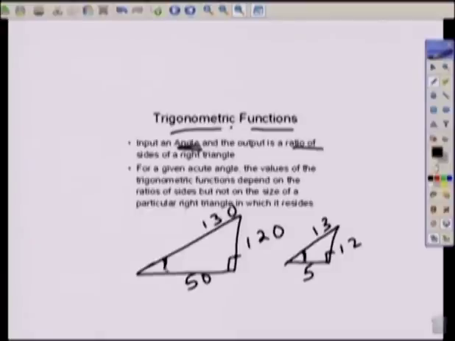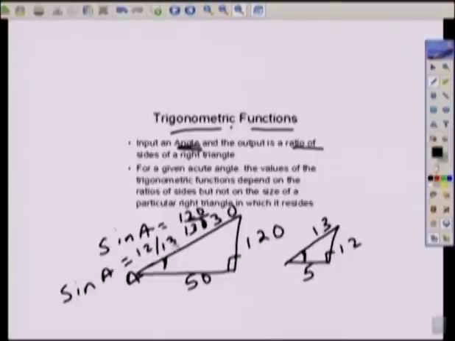For example, if we call this angle A, sine of A is equal to 120, that's the side opposite, divided by the hypotenuse, which is 130, which reduces down to 12/13. Looking over here, again, we'll call this A prime.